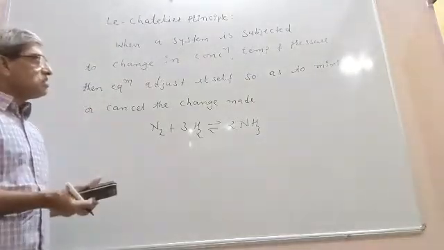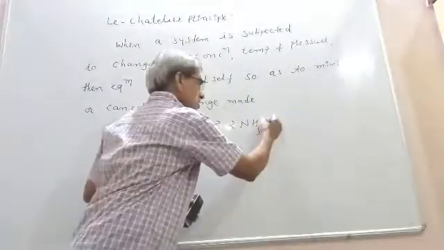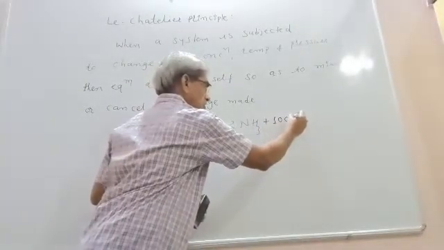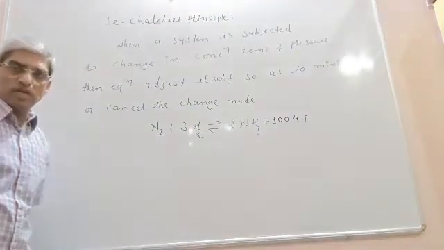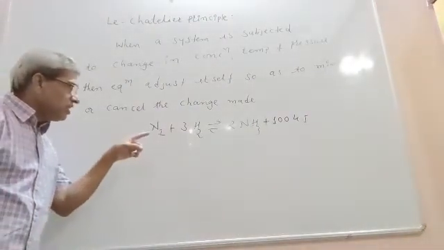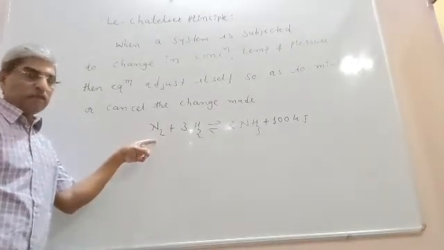Now, if we consider the second, temperature, as you know, the formation of ammonia is an exothermic reaction. If we decrease the temperature of this system, then what will happen?